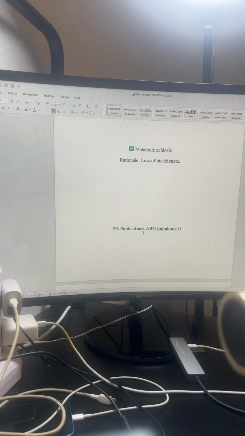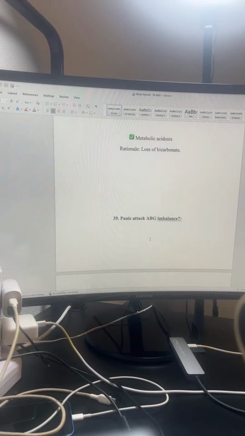A patient that is in a panic attack, what ABG imbalance do you have for that person? So they're hyperventilating. Respiratory acidosis. Respiratory alkalosis.